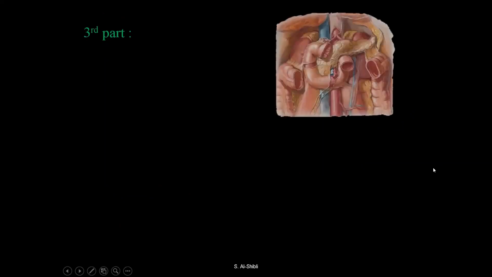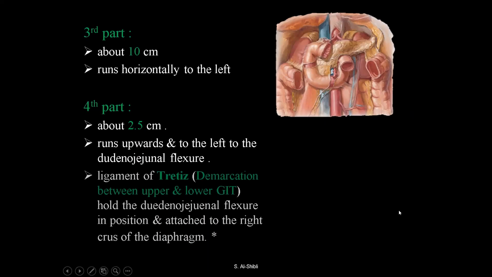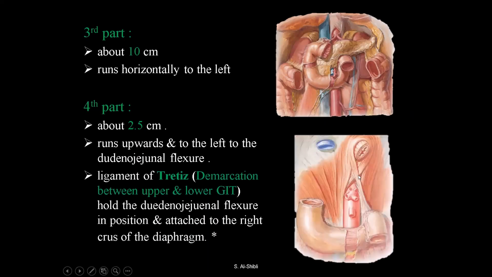The third part, here is the third part. The fourth part runs upward, this is the fourth part, to the duodenojejunal flexure. And here is an important ligament, we call it the ligament of Treitz. Why is it important? Because it is the demarcation between the upper GIT and the lower GIT. Actually, this is only in surgery.